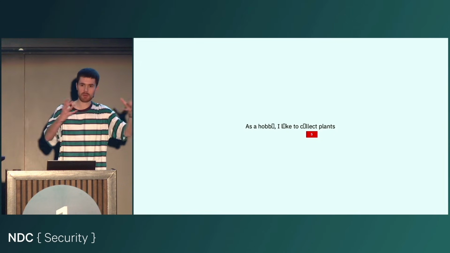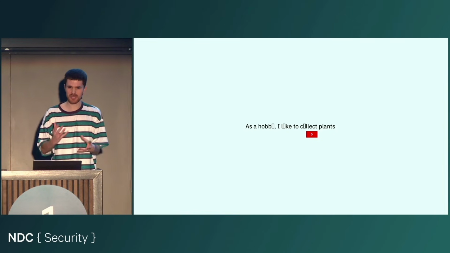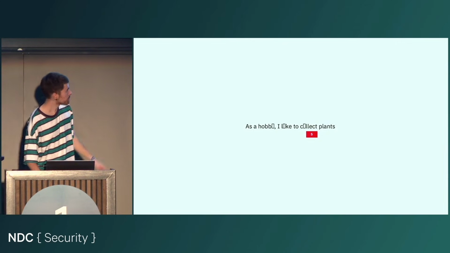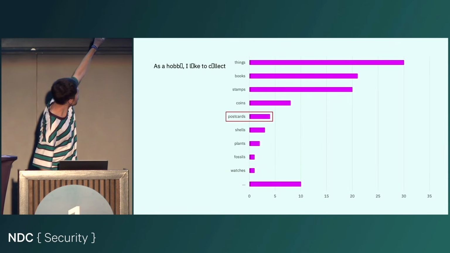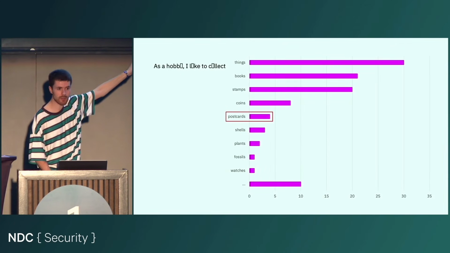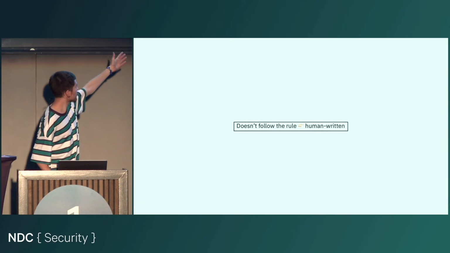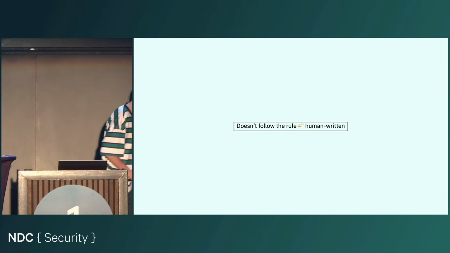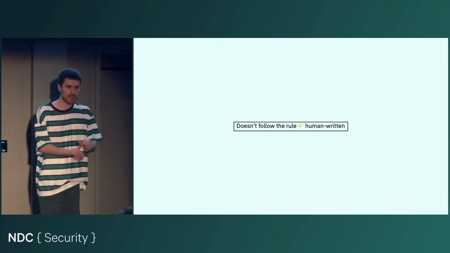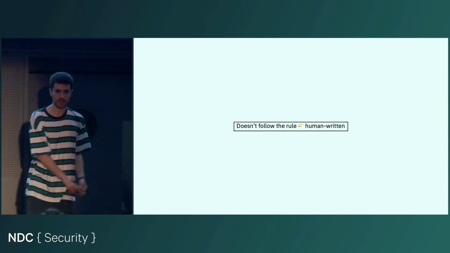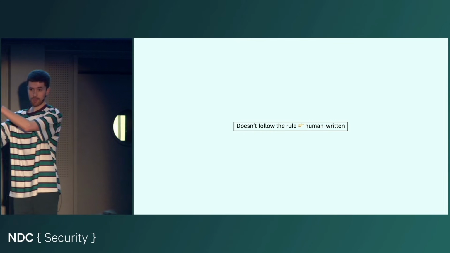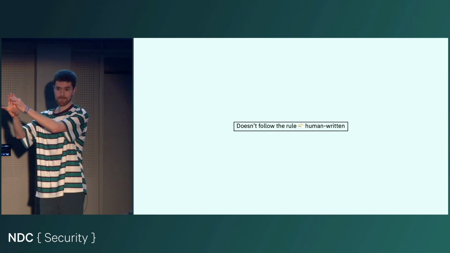So maybe it could be a space, unknown character, etc. Let's pick the fifth word. Postcards. Oh, well, it's not plants, right? It's not what we have here, so it's not following the rule. It seems to be human written because, again, it doesn't follow this rule. So classifiers, evaded. Perplexity-based detectors, evaded. Watermarks, evaded as well.